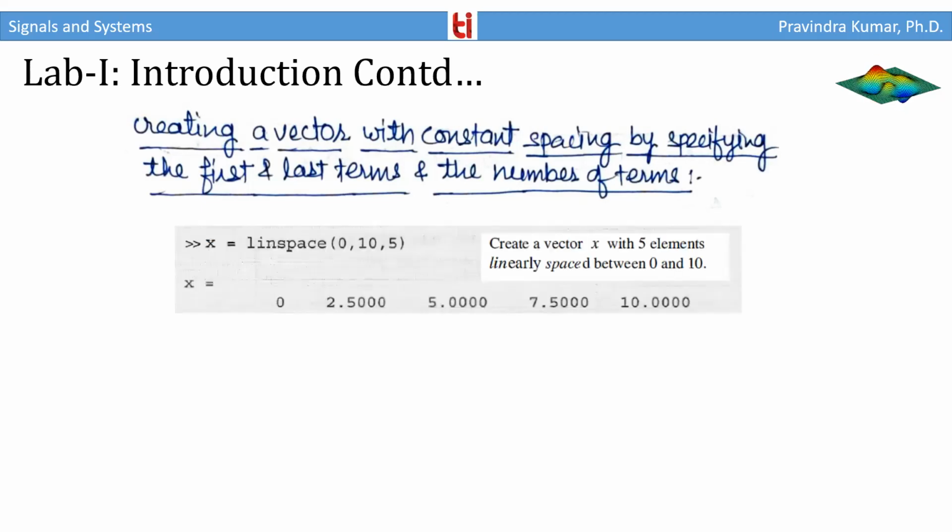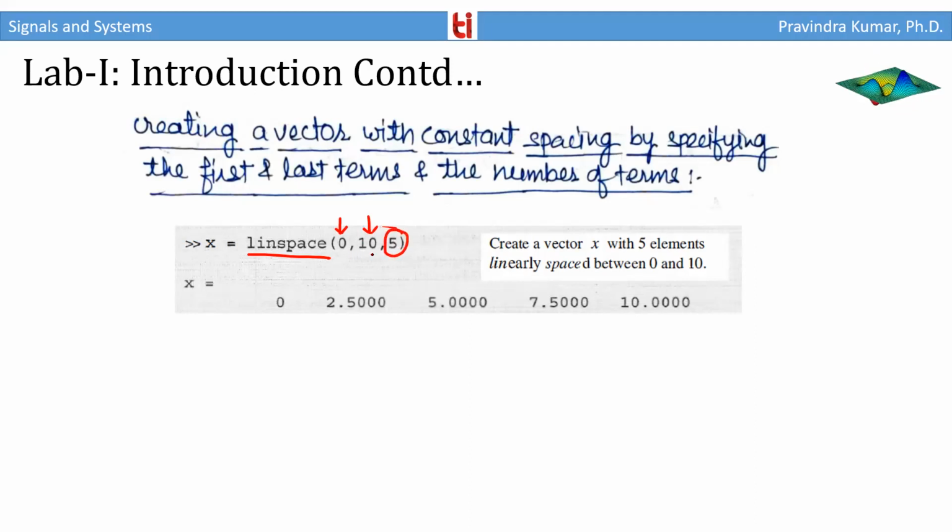Just like if I write the linspace command, here the first element is 0, the last element is 10, and the number of terms is 5.